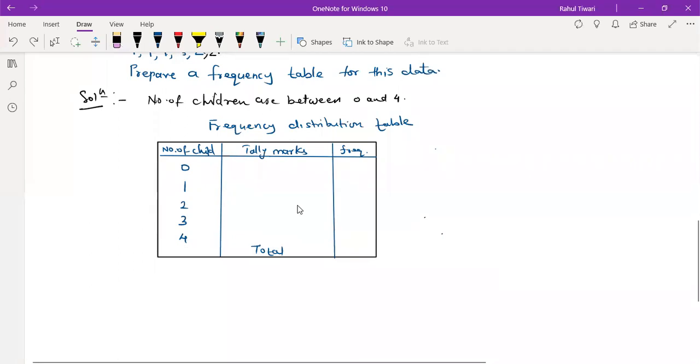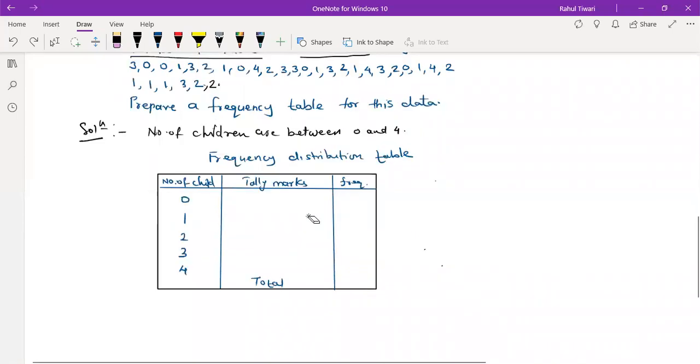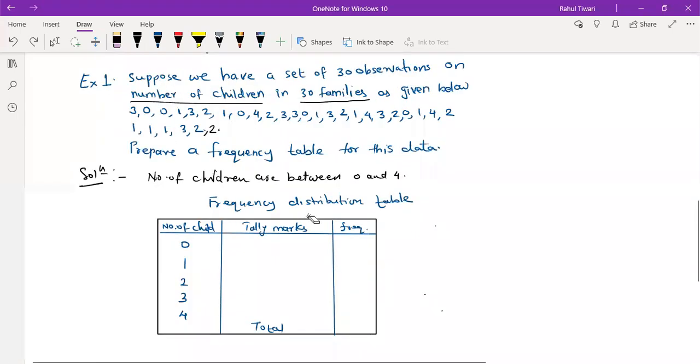That we can manage. Now, what you have to do is see the data. In your data, the first observation is 3, marked with a tally mark. Second observation is 0, marked as 0. Third one is 0. Next one is 1. Next is 3. Next is 2.